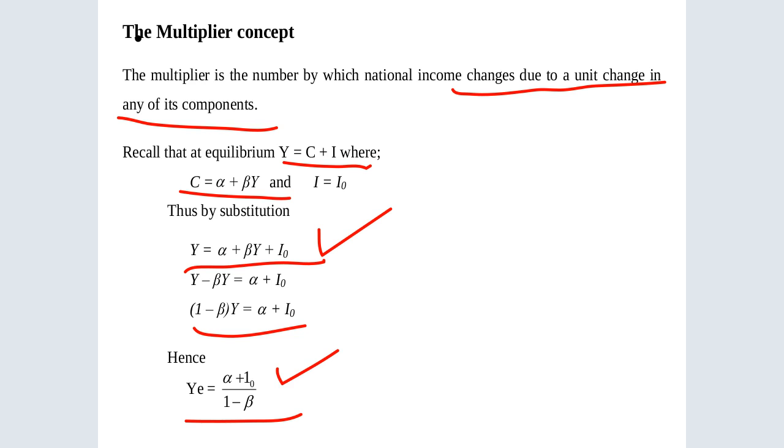So from here we can determine the equilibrium income by getting the like terms together. So we make Y the subject. If we do that, our equilibrium income will be made up of this, alpha plus investment over 1 minus beta.